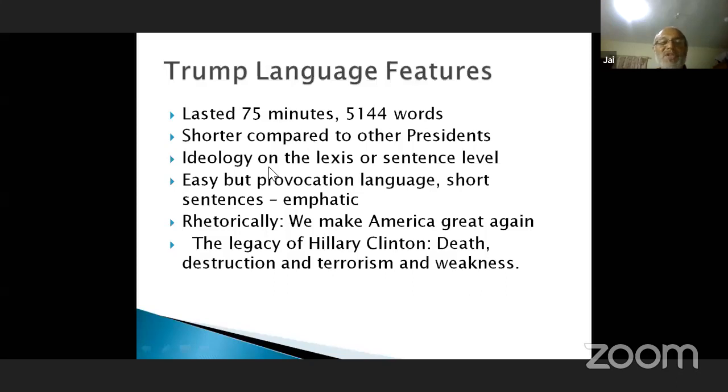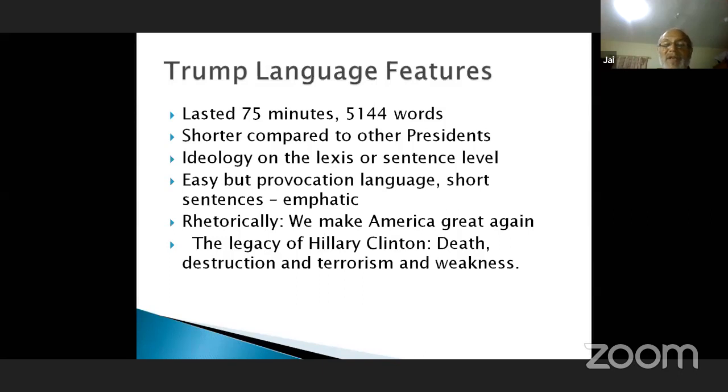And then ideology on the lexemes. He gave more emphasis on the words that he used, and at the sentence level also. And it was very provocative language also, because it was an election campaign, therefore provocative language comes there. Short sentences, but very emphatic.